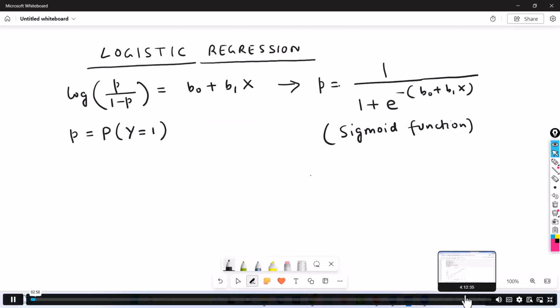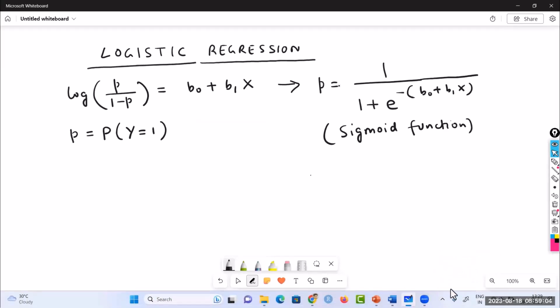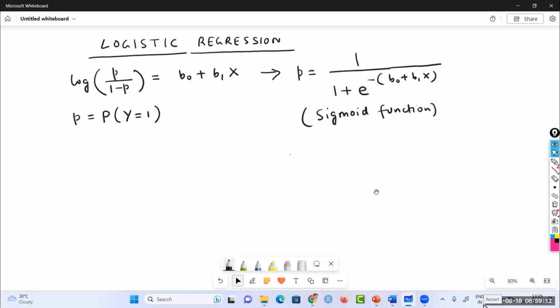Now, this is a sigmoid function, or I can say an S-shaped curve. We have seen this curve here. Let's say I draw this. On the x-axis I have the independent variable x, and on the y-axis it's a categorical variable, right? So y is either 0 or 1.